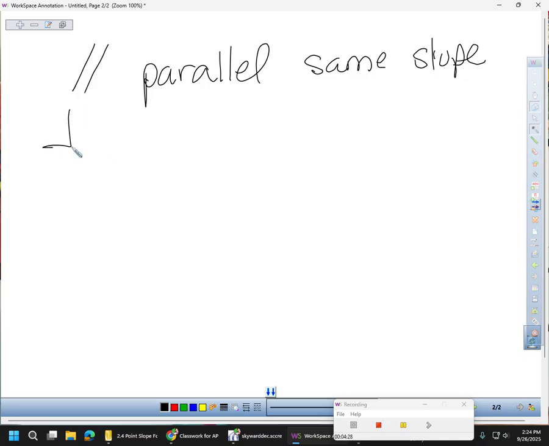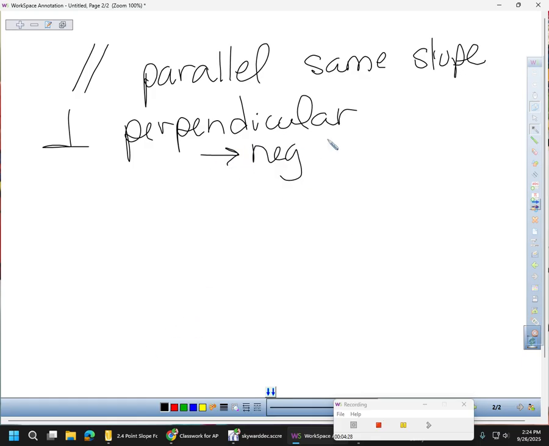Perpendicular, a symbol that looks like this. A perpendicular line has what we call a negative reciprocal slope. So I'm not worried about parallel because it's the same. We're going to talk more about that.